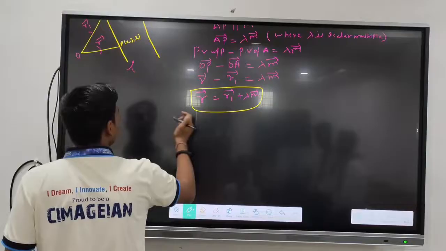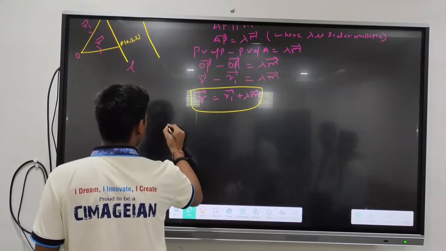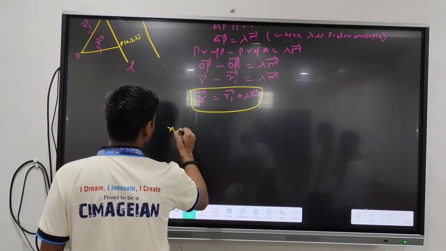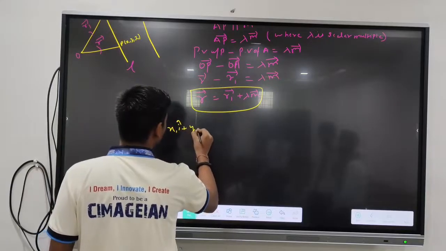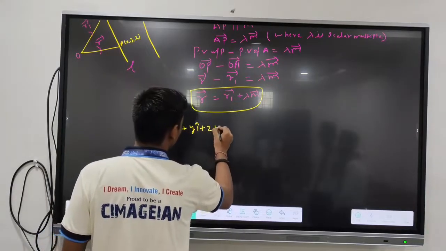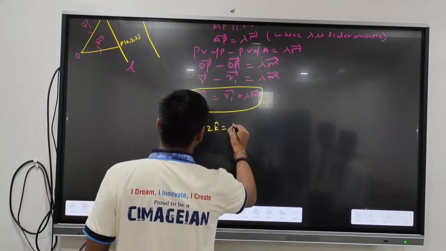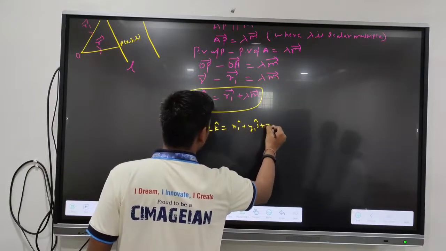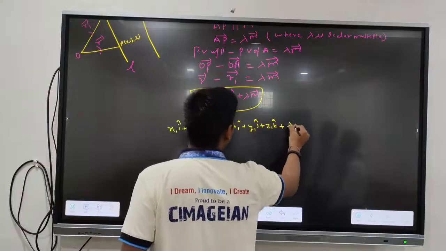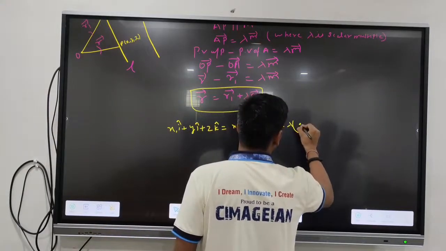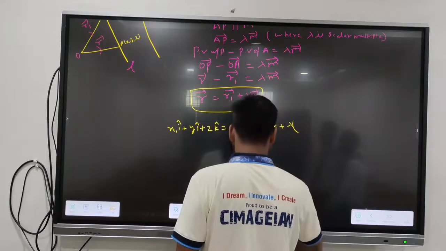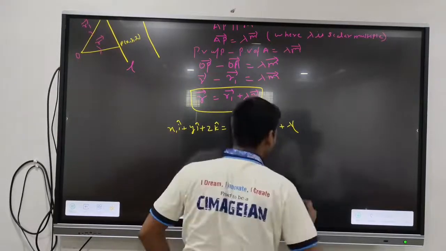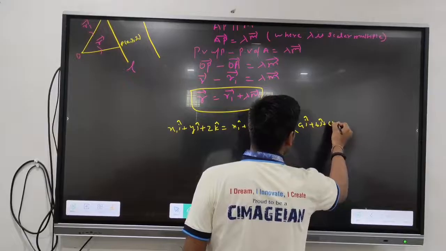Now nothing is here, we can only expand this R vector, that is R vector equals x i cap plus y j cap plus z k cap, and R1 vector equals x1 i cap plus y1 j cap plus z1 k cap plus lambda into M vector, equal to a i cap plus b j cap plus c k cap.